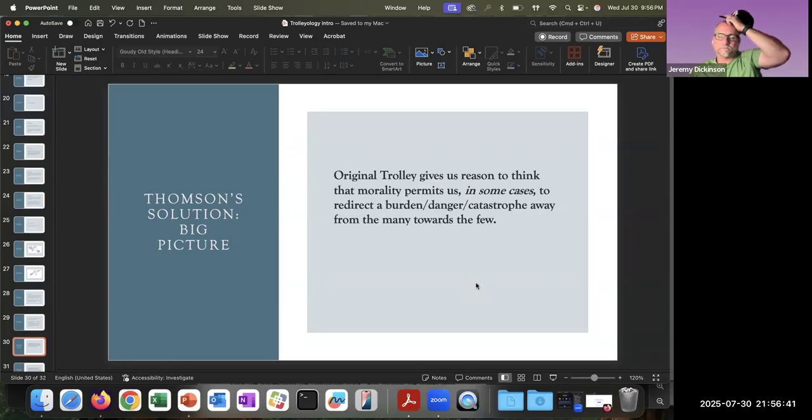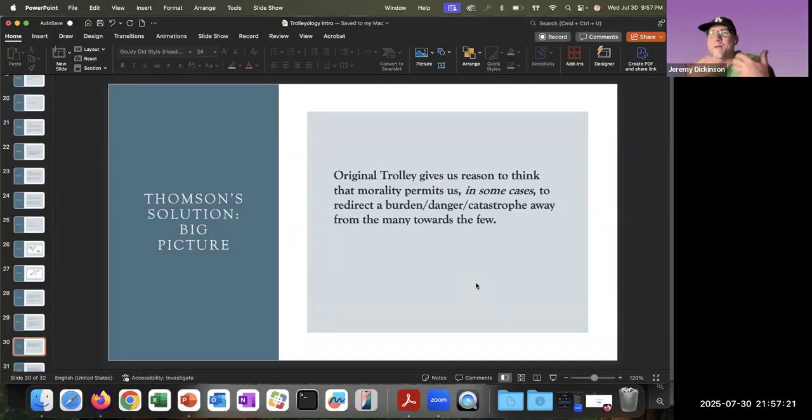You might see how this kind of discussion could apply to things like programming autonomous vehicles, right? What do we do in cases where we could kill one person versus five people when those are our only options available while we're driving an autonomous vehicle?